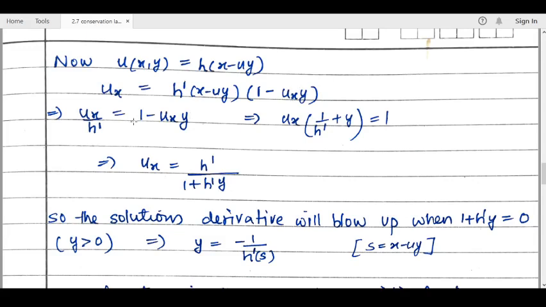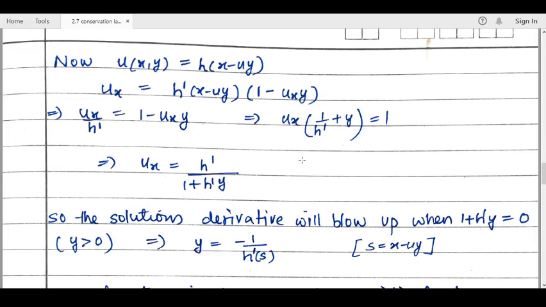So from this I can write what is ux. So ux by h dash is 1 minus uxy. I have taken ux common outside. So I will get 1 by h dash plus y equal to 1. I have taken LCM here and taken this to RHS. So I get ux equal to h dash by 1 plus h dash y.